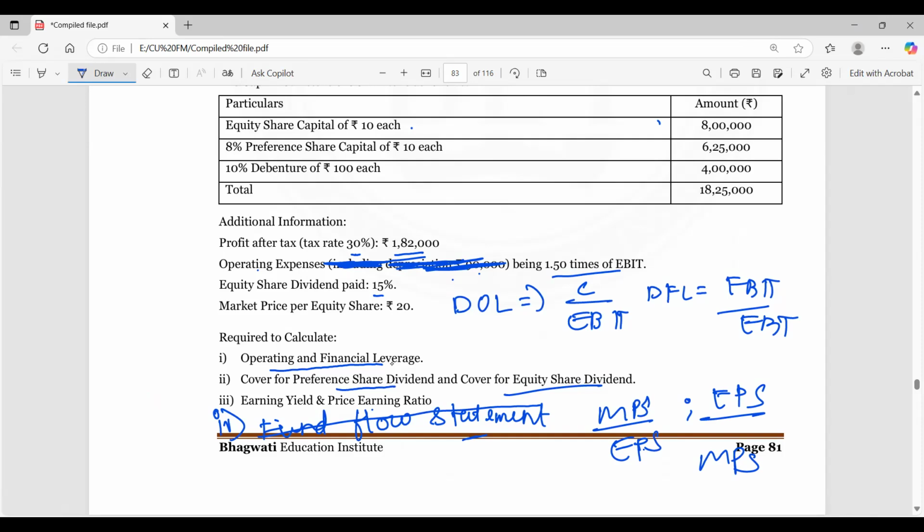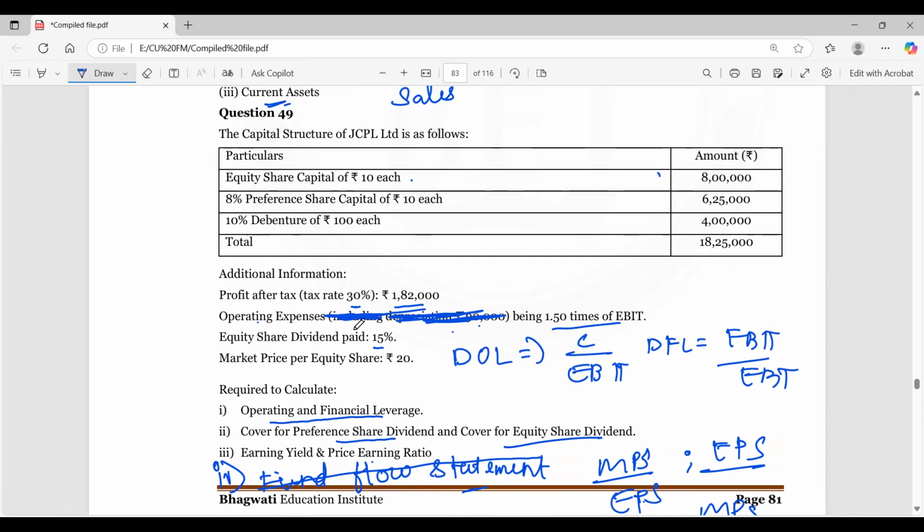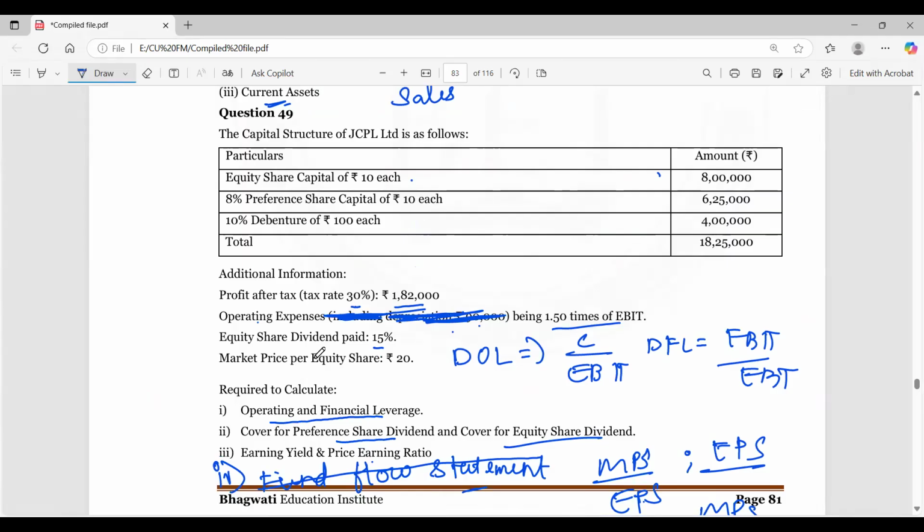Why do we need variable cost? Contribution is there. What we can do is let's do the reverse working and see how it goes. Because if we do PAT, we will get EBT, EBIT.